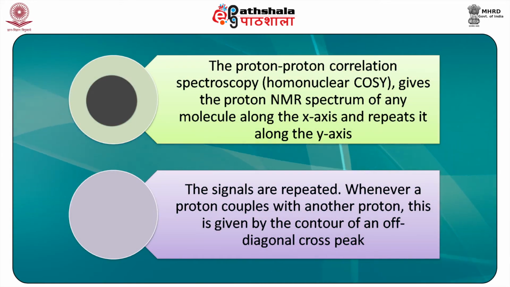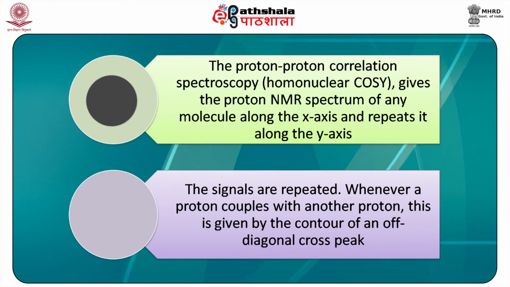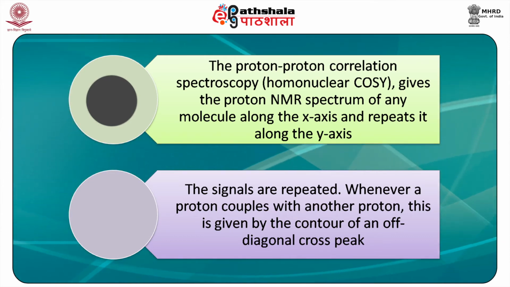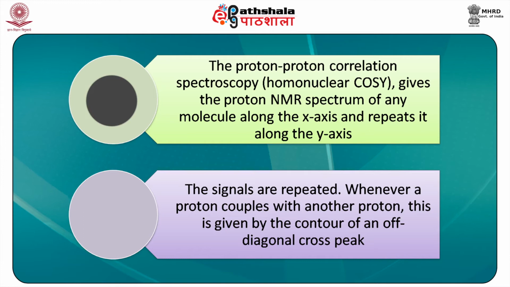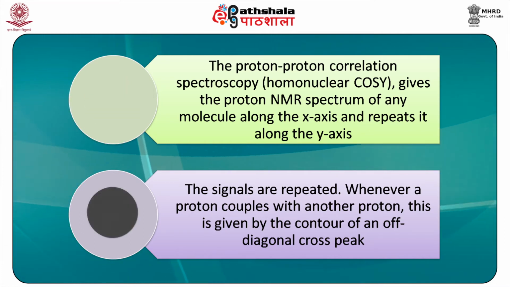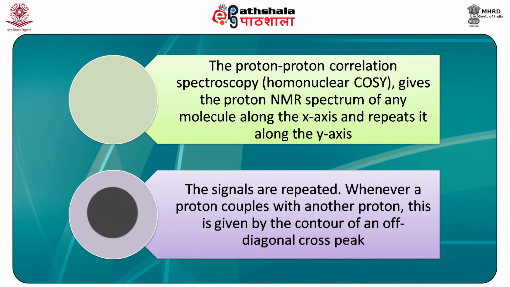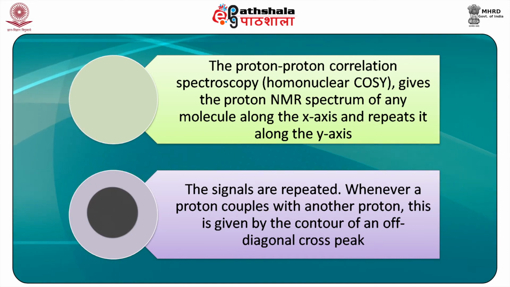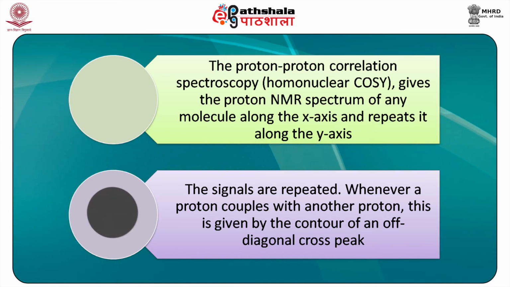The proton-proton correlation spectroscopy, that is homonuclear COSY, gives the proton NMR spectrum of any molecule along the x-axis and repeats it along the y-axis. The signals are repeated, and whenever a proton couples with another proton, this is given by the contour of an off-diagonal cross peak.